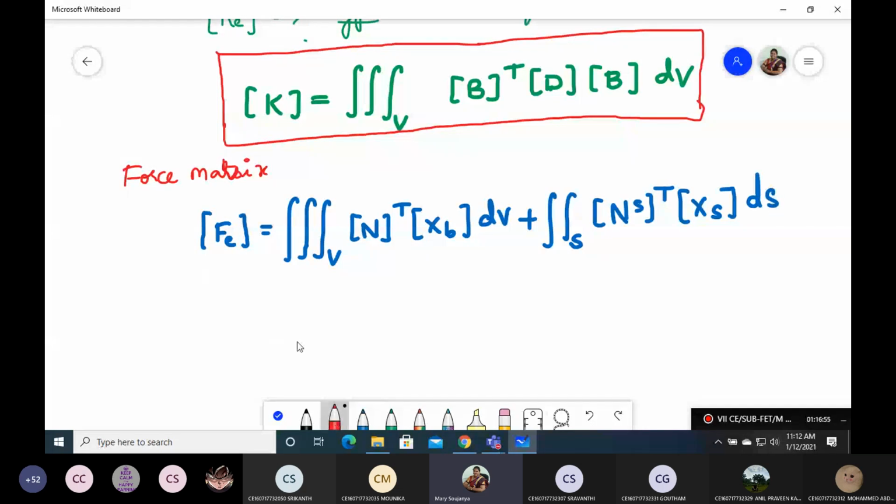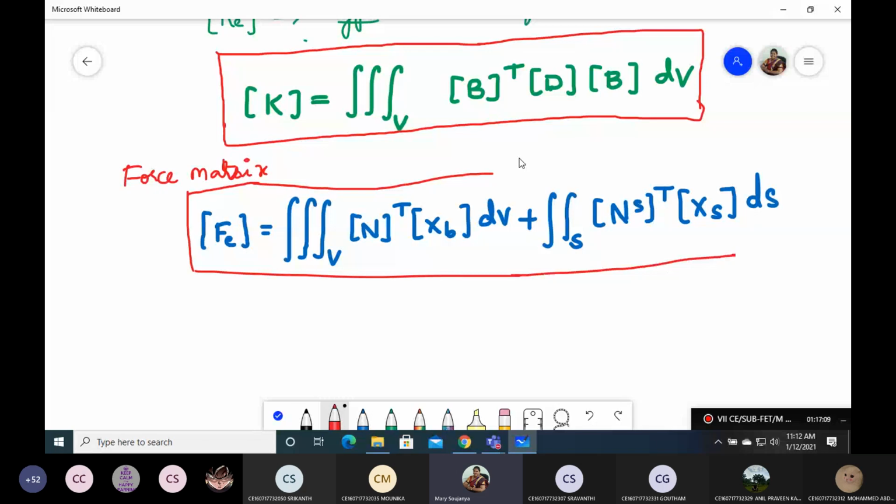This is the force matrix, or you can call it the consistent load vector of the element.